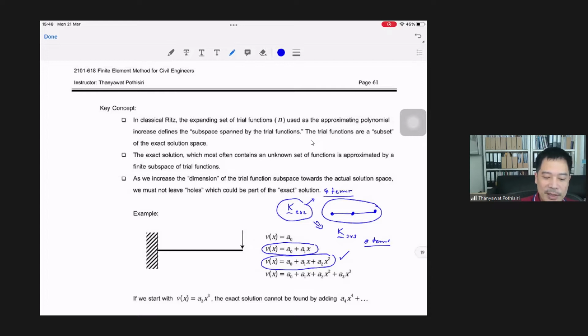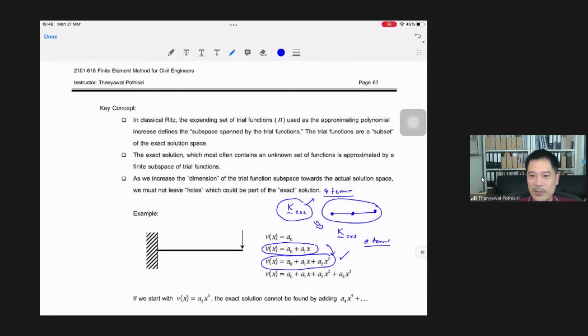Like I said previously, this is usually not the way that practical users would prefer, right? Because in practical use, we would not prefer increasing the computational cost.